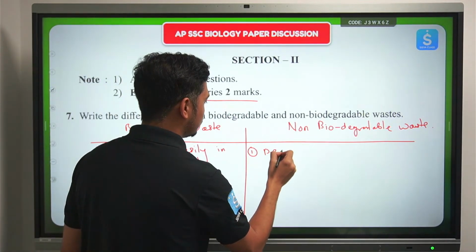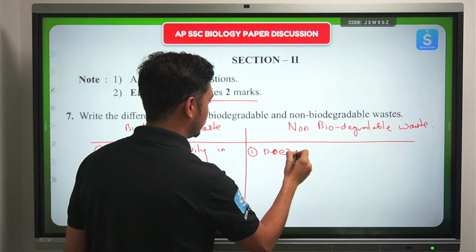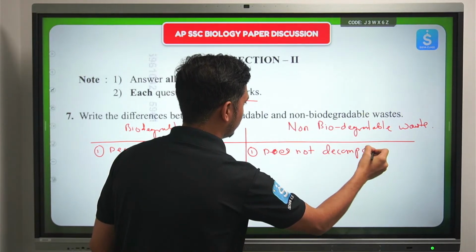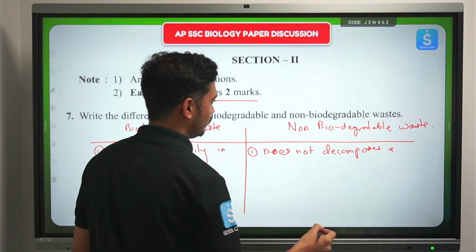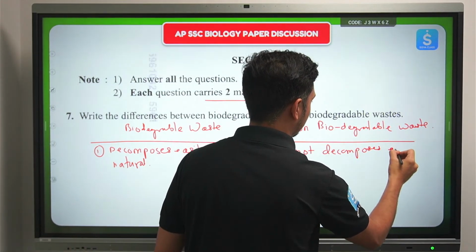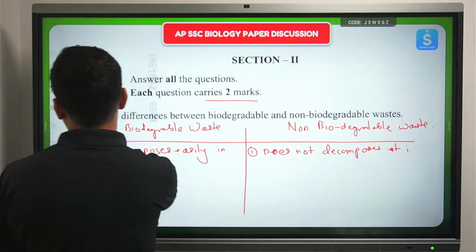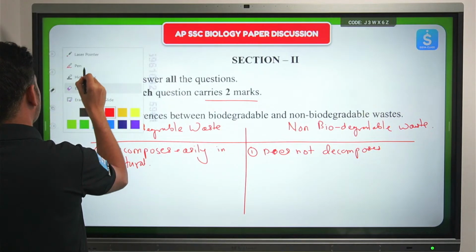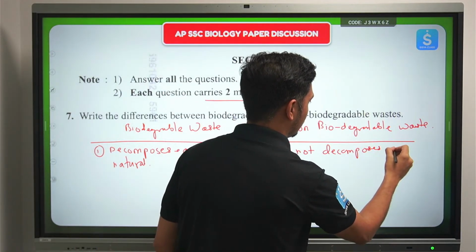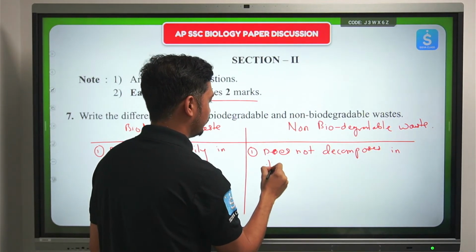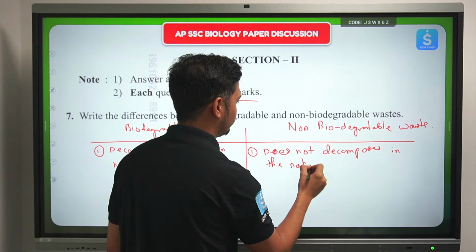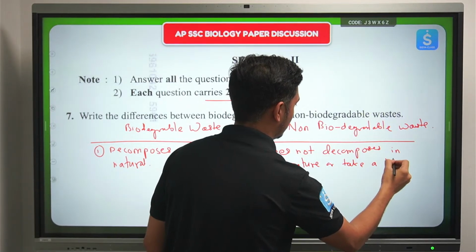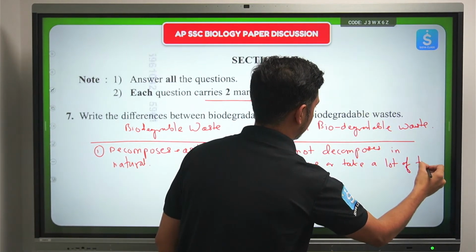Here we'll say non-biodegradable waste does not decompose in nature or takes a lot of time.